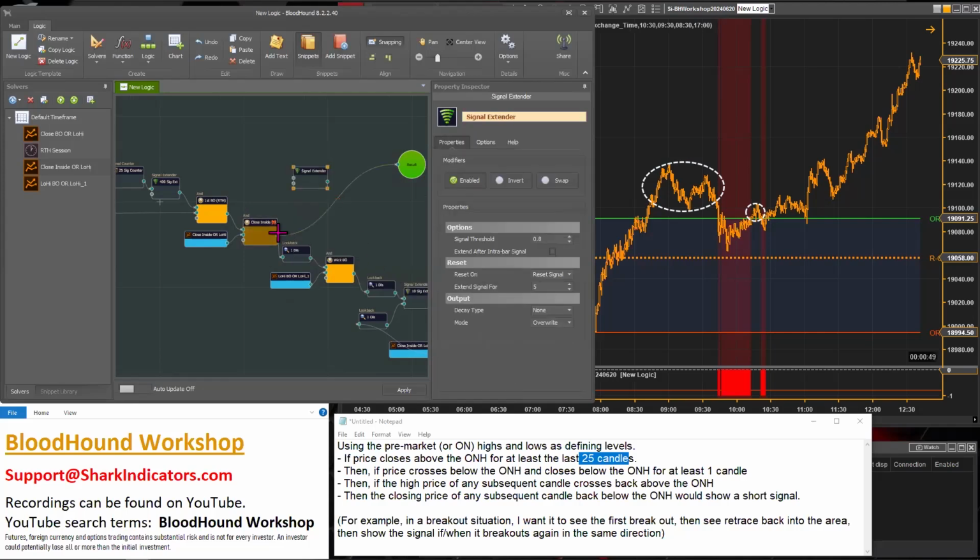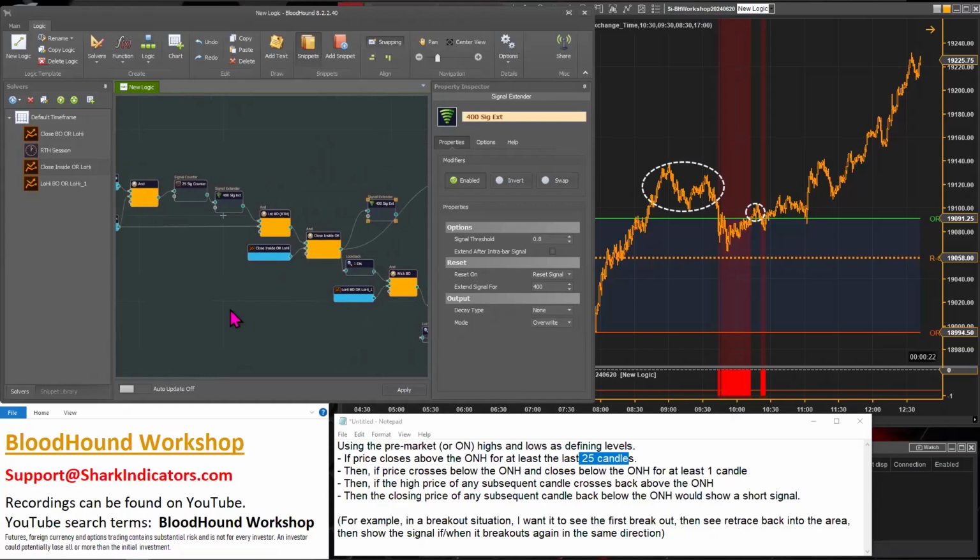So from this point, I'm going to connect it into a signal extender here. I'm going to extend for 400 bars, just for good measure, and I'm just going to try and whip through this pretty quickly.